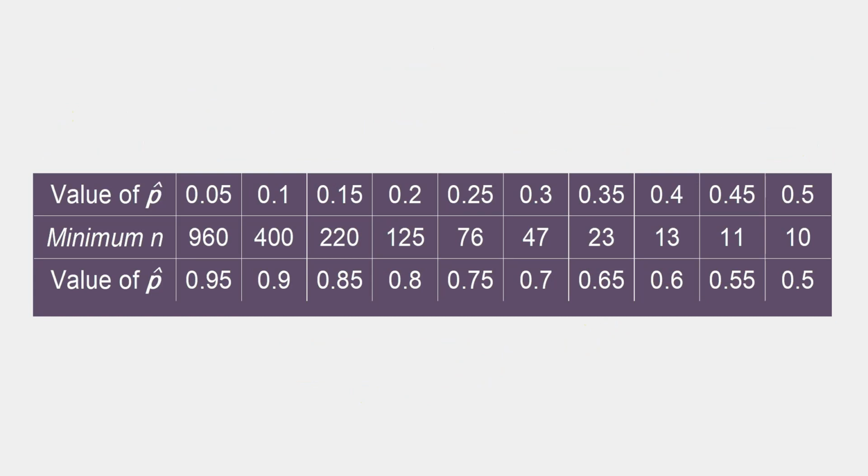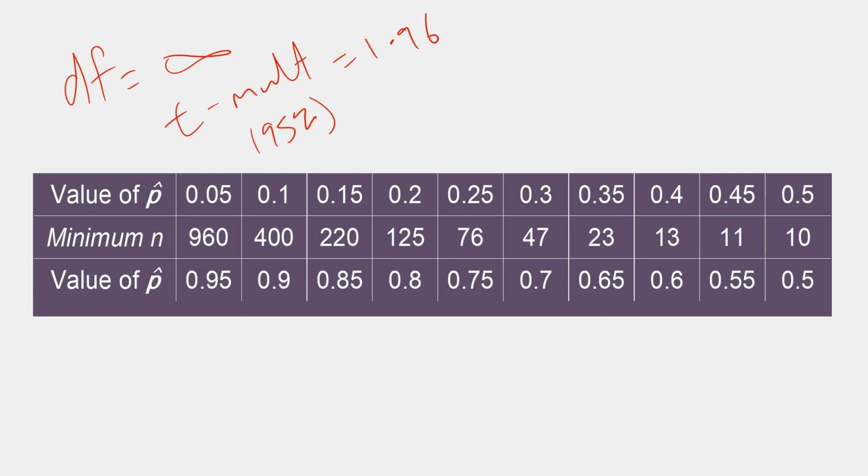So I want to just talk a little bit about how, remember that degrees of freedom is infinity when we're working with proportions. So I said our T multiplier for a 95% confidence interval is always going to be 1.96.